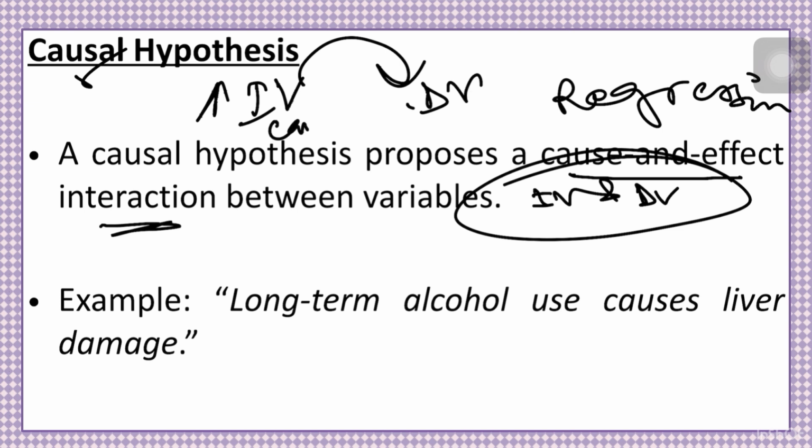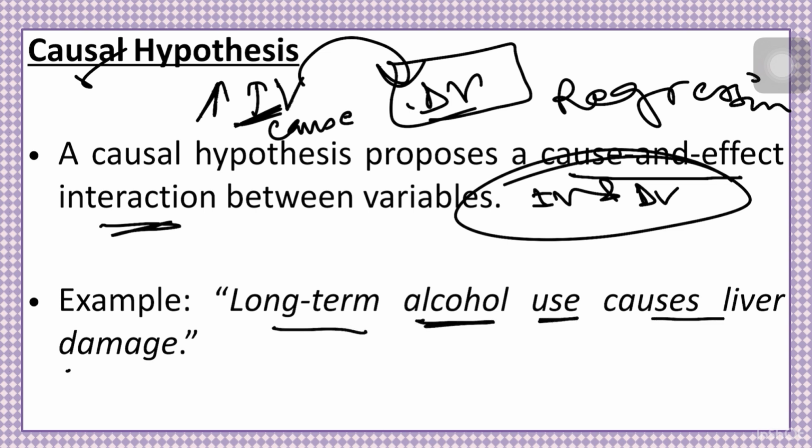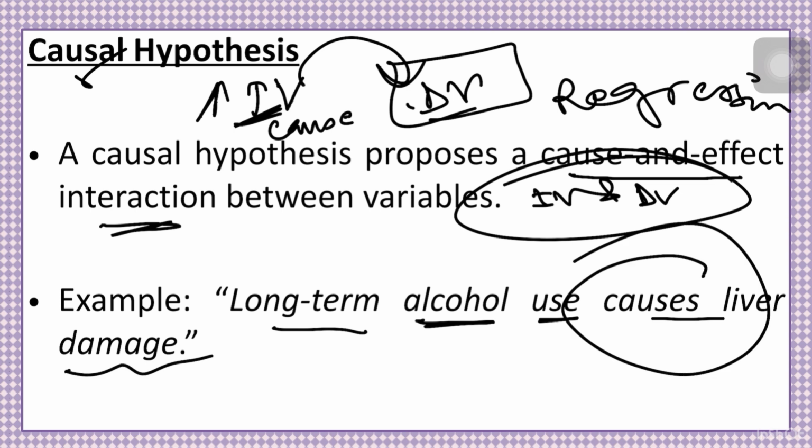Regression shows what is the effect of the independent variable on my dependent variable. Example: long-term alcohol use causes liver damage. We try to explore the causes.